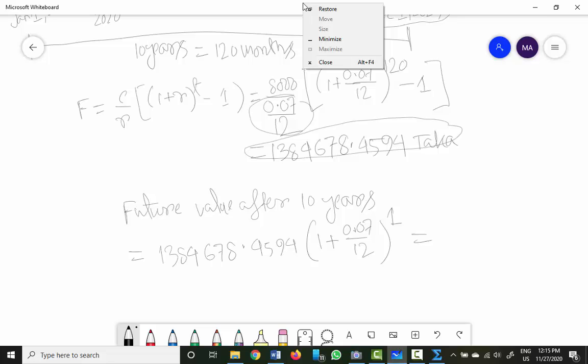So we multiply by 1 plus 0.07 divided by 12, and the amount we get is 1,392,755.7504 taka. So this is the amount we will get after 10 years.